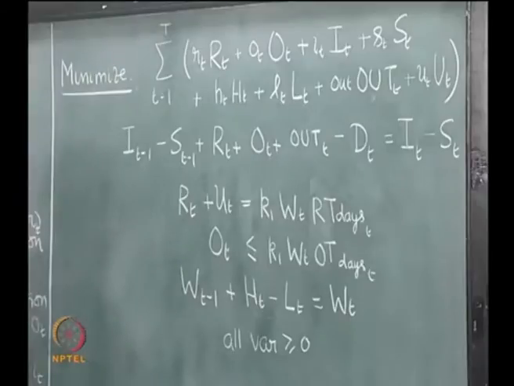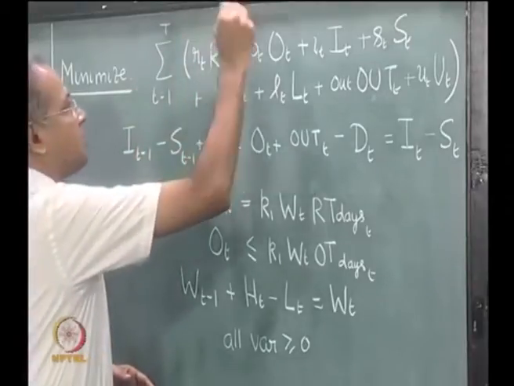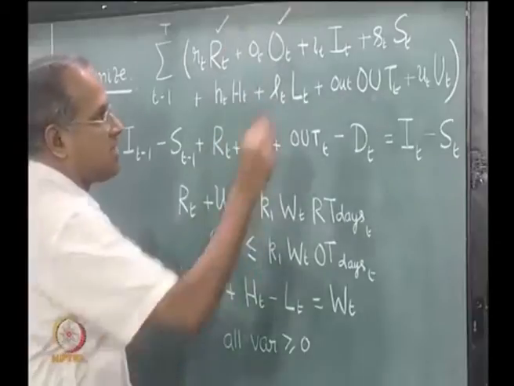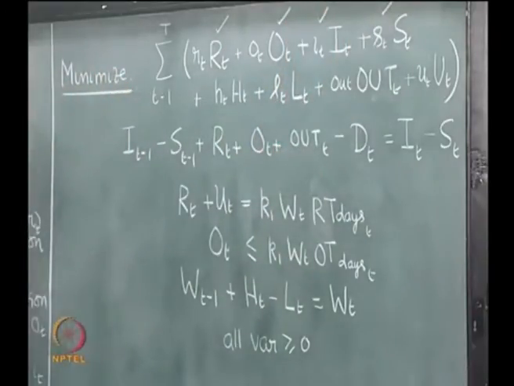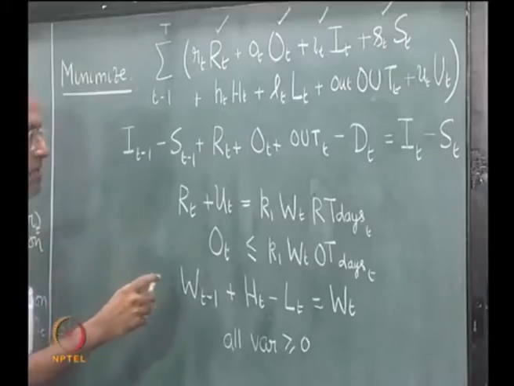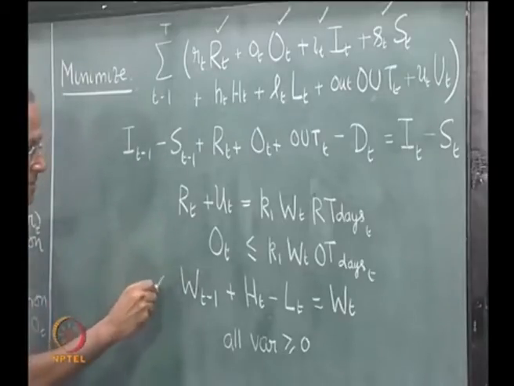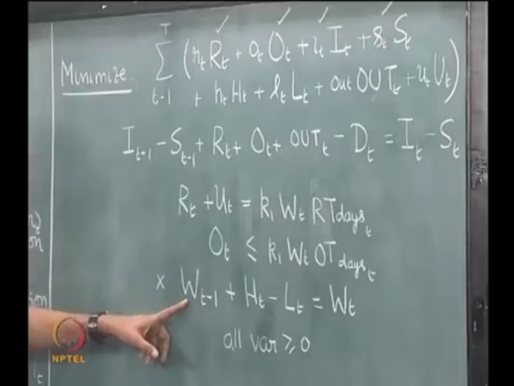Now, if we were to model the first spreadsheet, where we considered only 4 costs, regular time cost, overtime cost, inventory cost and shortage cost, which means we did not have this particular equation where we varied the workforce.